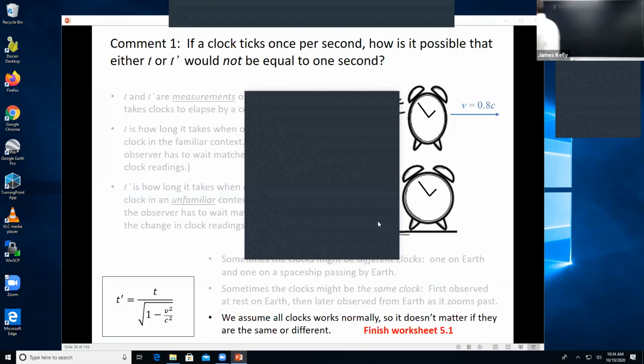Notice here at the top that it says a tick means a 1 second tick. So when I say how long does it take, we're talking about to tick off 1 second.